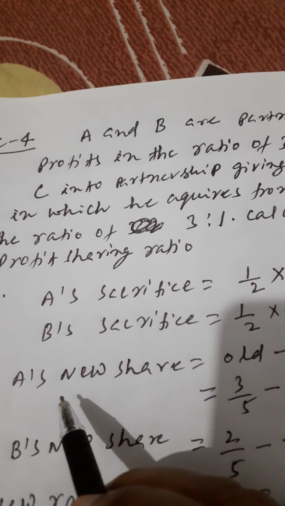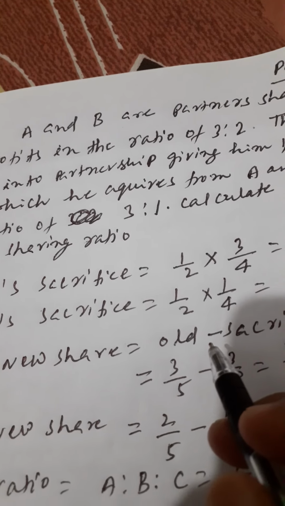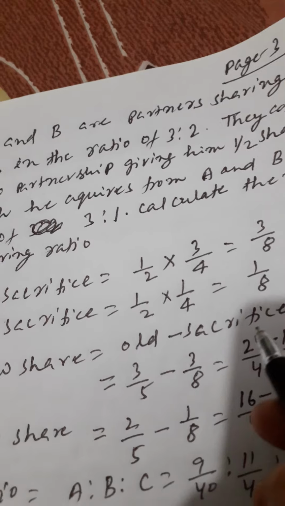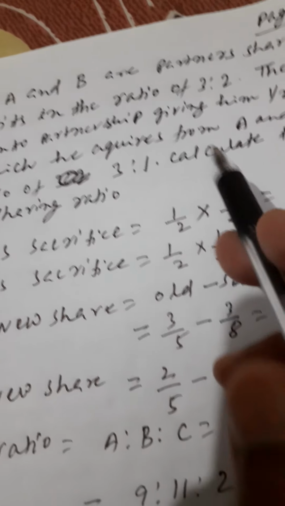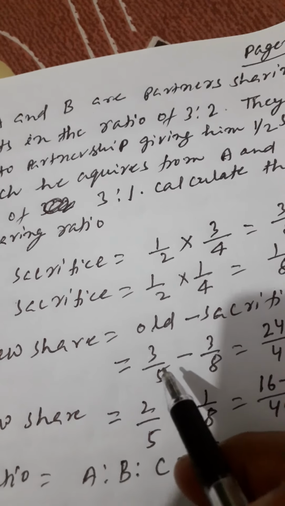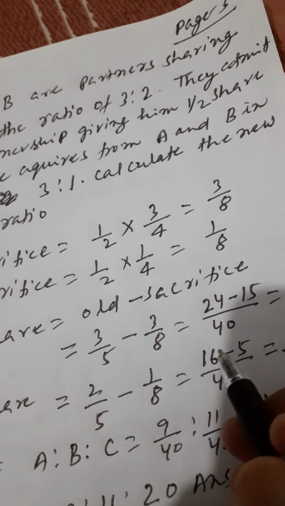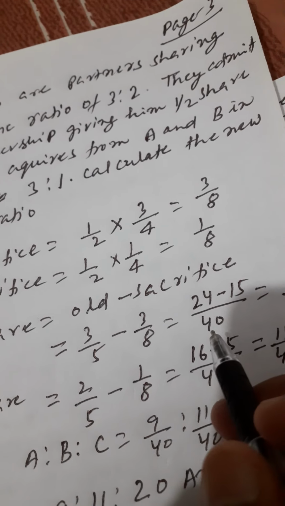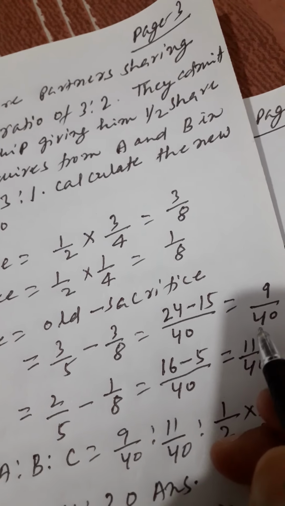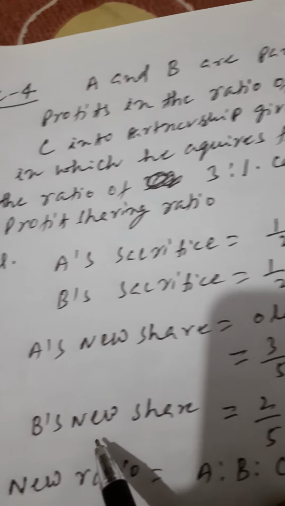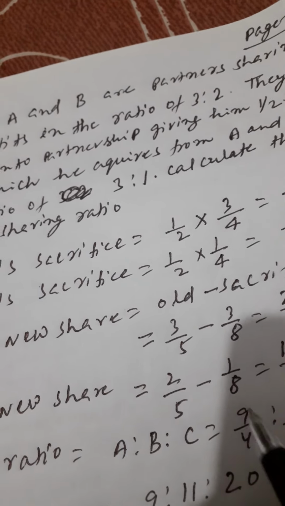Now you have to calculate A's new share. The formula is the same, old share minus sacrifice. Here the old share of A is 3 by 5 minus sacrifice 3 by 8. The LCM will be 40. After simplification you will get 9 by 40. Similarly, B's new share will equal 2 by 5 minus 1 by 8.